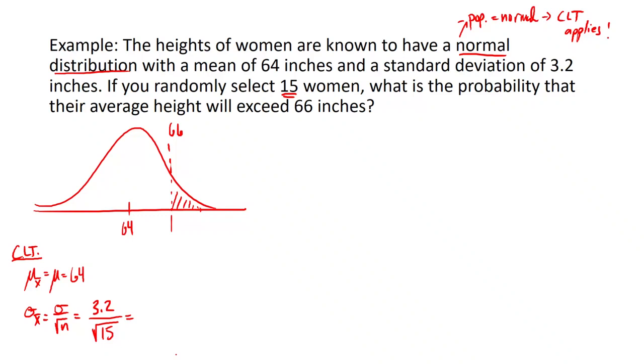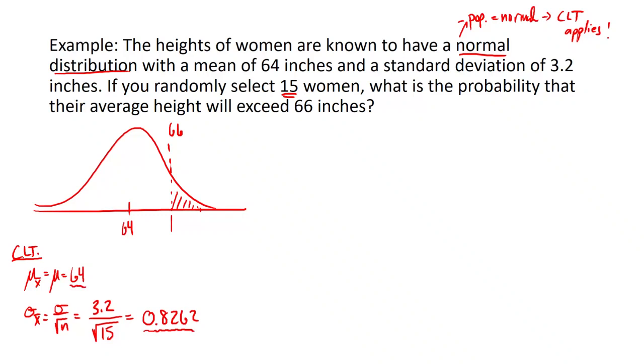So do 3.2 divided by the square root of 15. What do you get? Maybe give me like 4 decimal places. 0.8262? Okay. So that is going to be your new standard deviation.